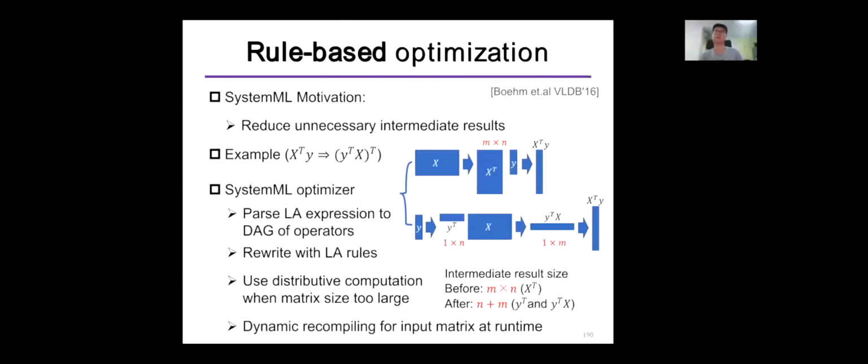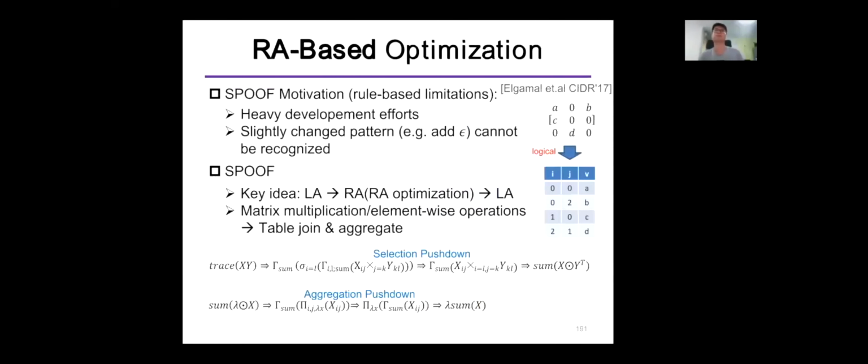And if some matrix size is too large, we can use distributed computation, and we can dynamically recompile for the input matrix at runtime. But it is a rule-based method, so it needs heavy development efforts.